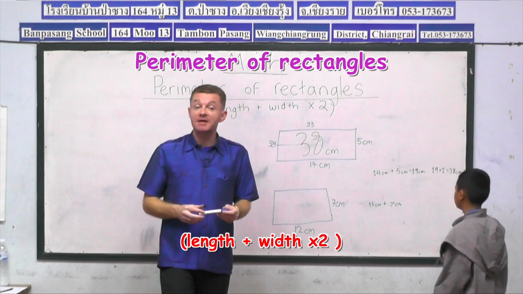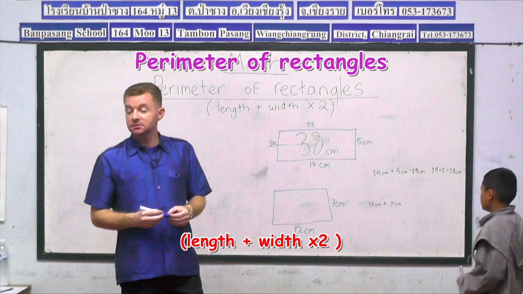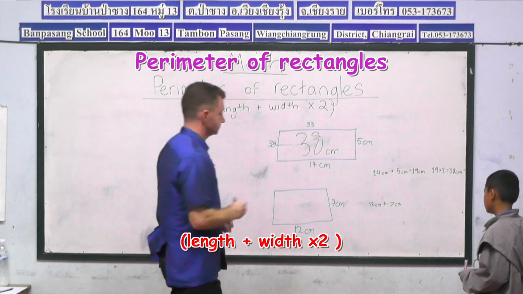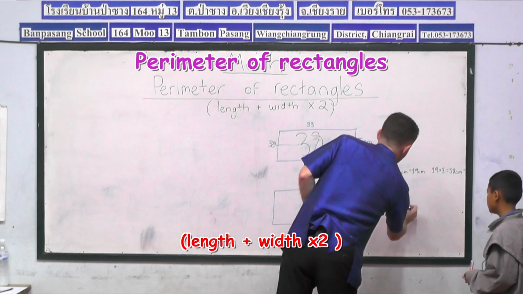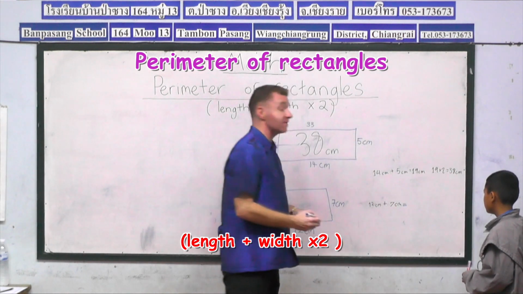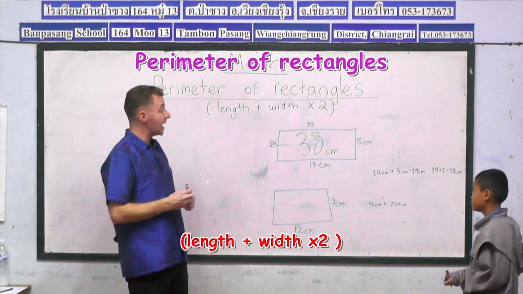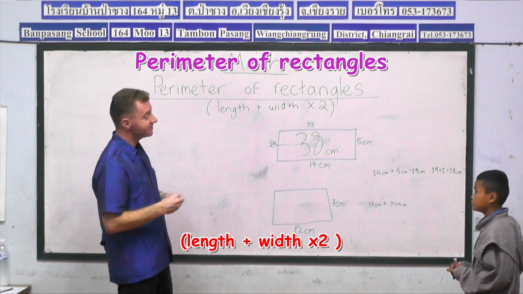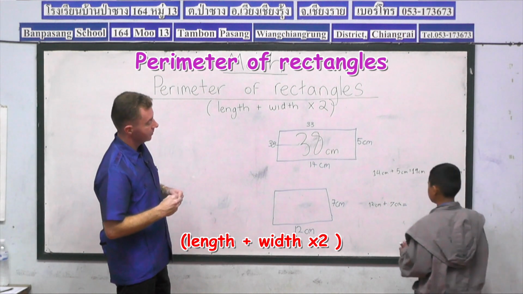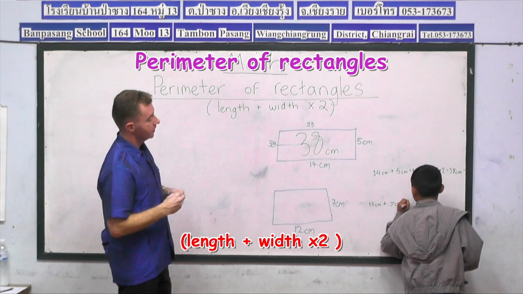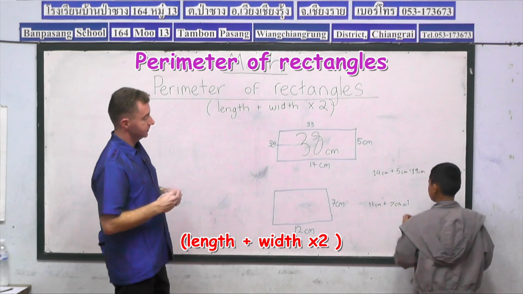What's 12 plus 7, guys? 19. And then we write the answer here. So 12 plus 7, 19 centimetres. 1 and 9. Can you write the answer, please, Chu?